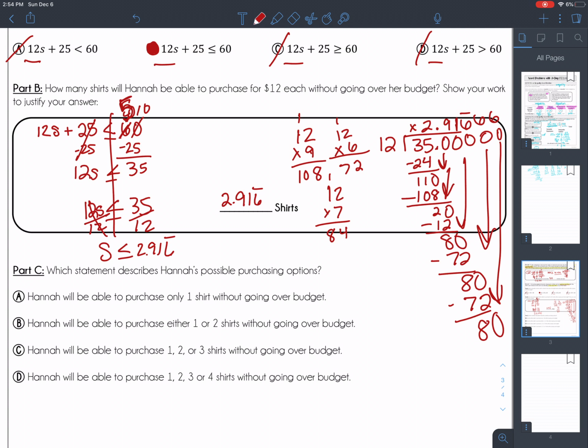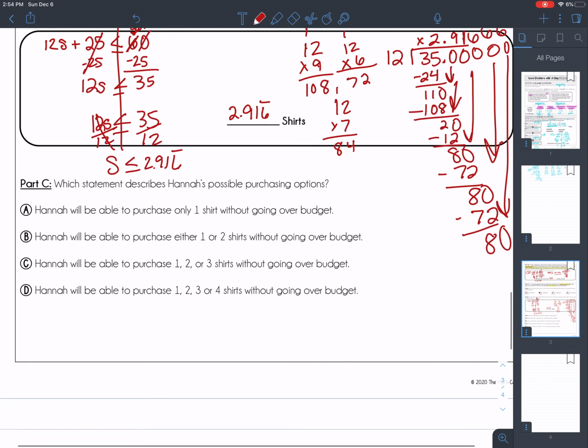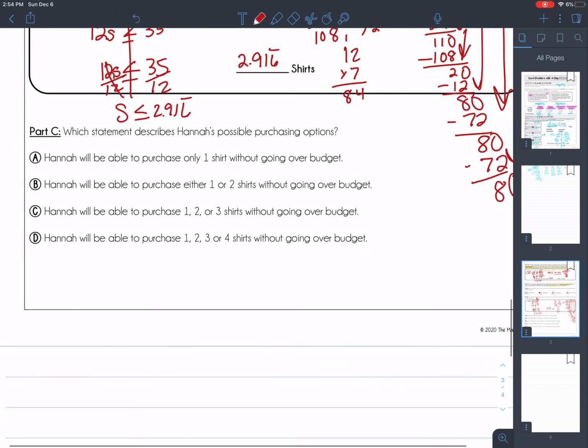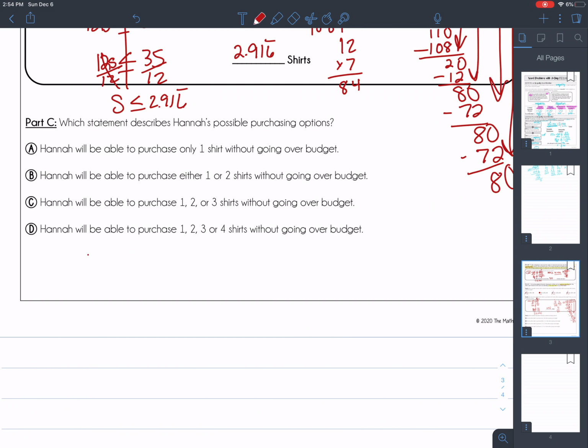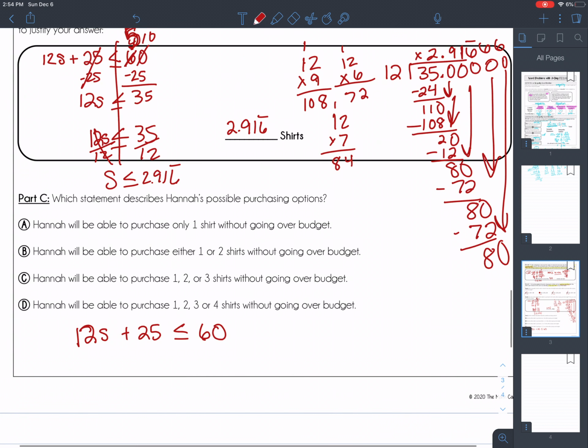So let's think about what that means in this situation. We can take our inequality, which is 12 times how many shirts plus the $25 jeans has to be smaller than or equal to 60. Now, what this means is S has to be smaller than or equal to 2.916 shirts, which basically means 2 shirts.